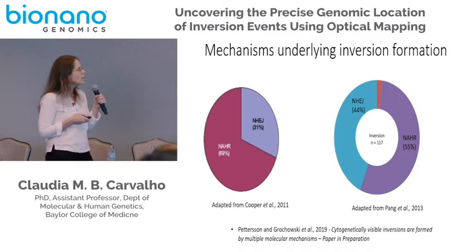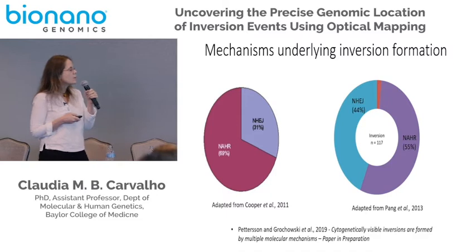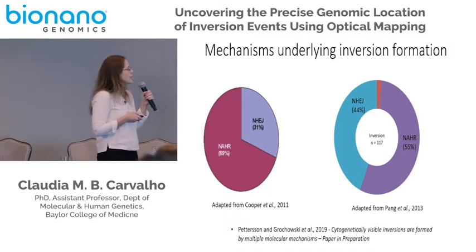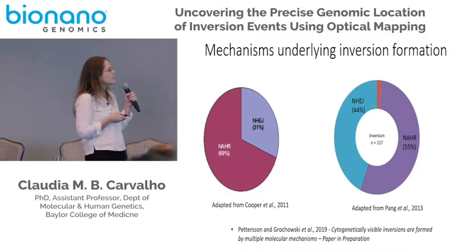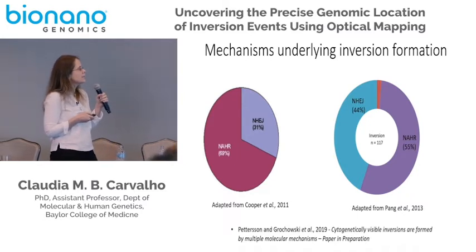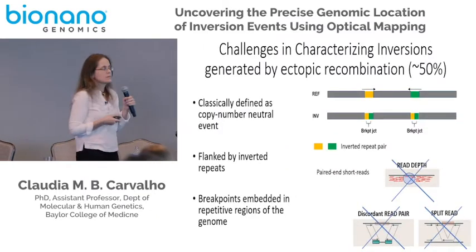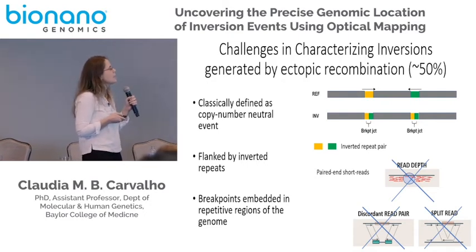We have new work that is ongoing and that we are about to submit, in collaboration with the Karolinska group led by Anna Lindström, showing that inversions formed by non-homologous end joining are easily detected by short reads, but not inversions formed by non-allelic homologous recombination. That's why we cannot easily detect inversions formed by this mechanism.